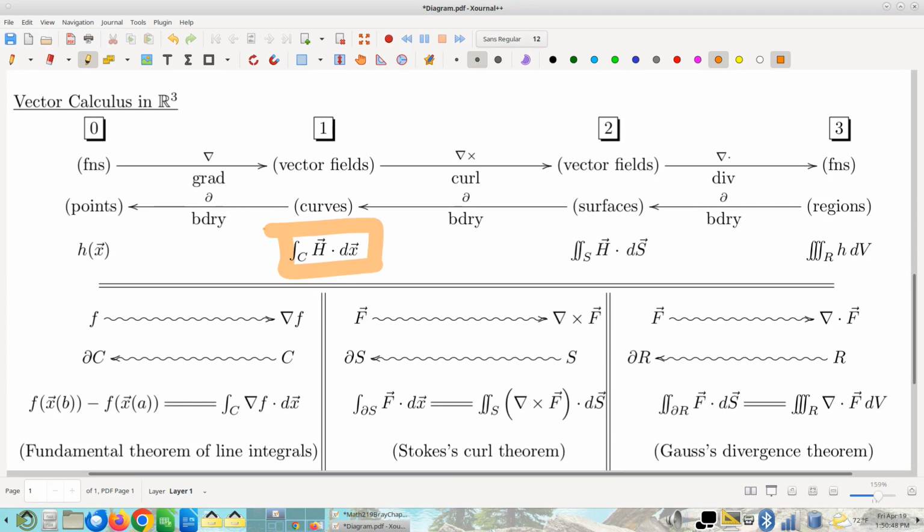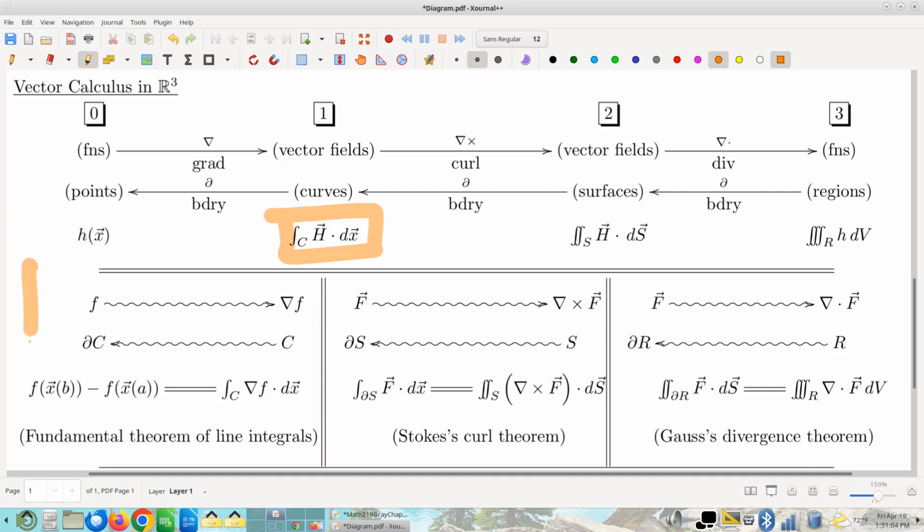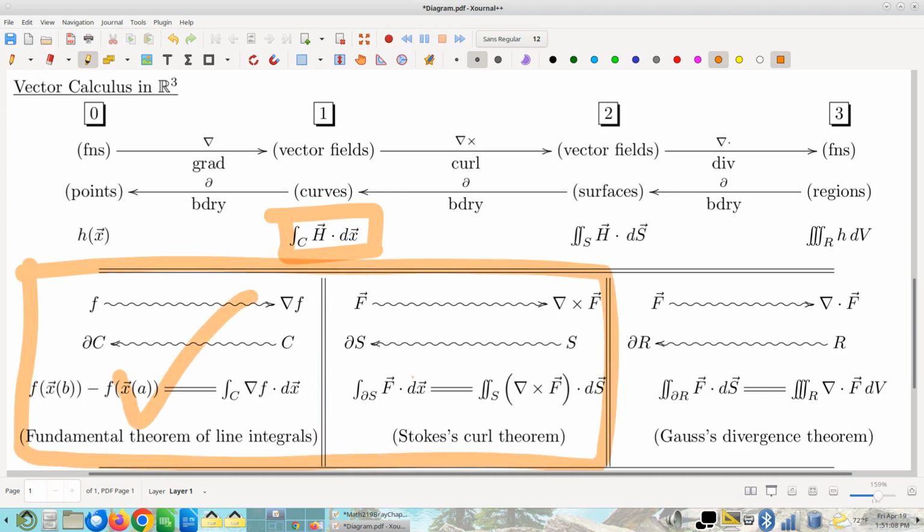Now you can see right away there's a couple of places that line integrals show up, obviously right there in that position where line integrals are. And so I know that my two theorem options, my big gun possibilities, are these two right here.